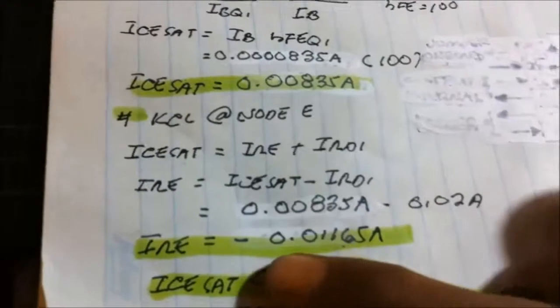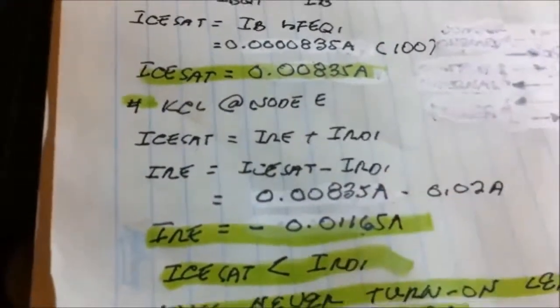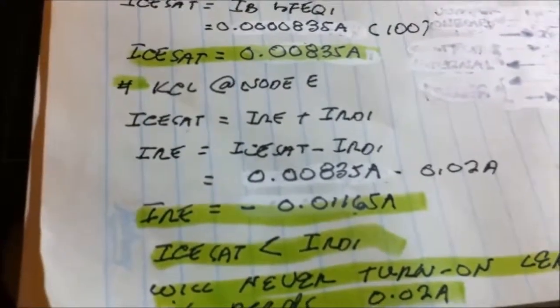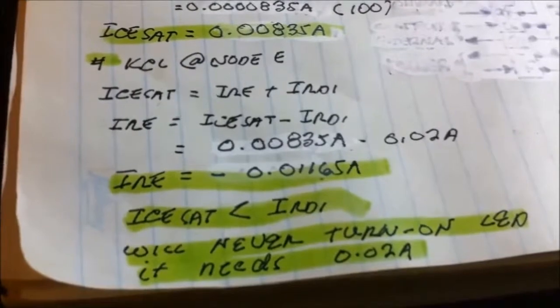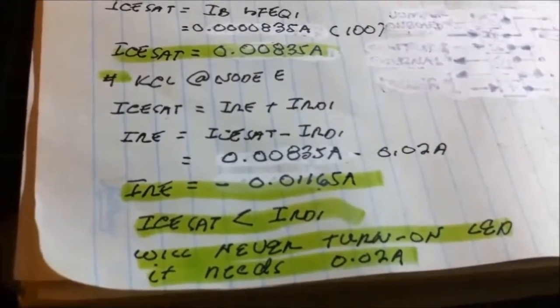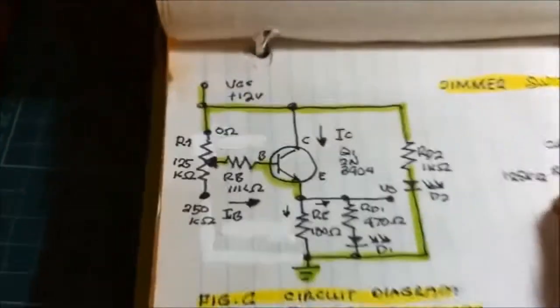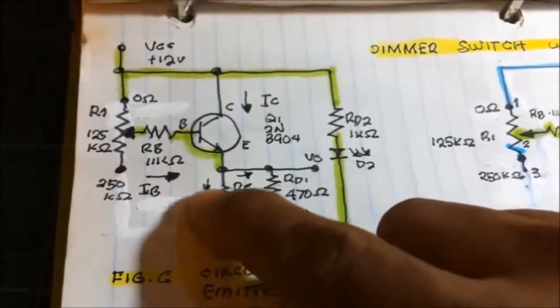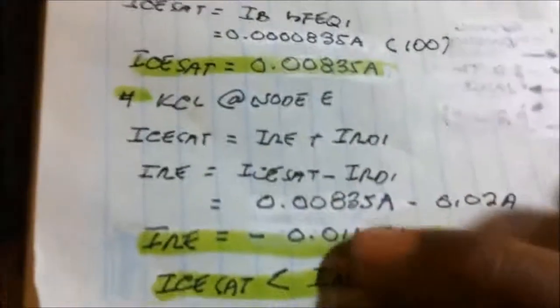What is this negative current? There's no negative current. Negative is used only for computation. If this is negative, the current direction is not correct, so there's no negative current in the real world, because our arrow here is pointing downwards to the ground, not upward.